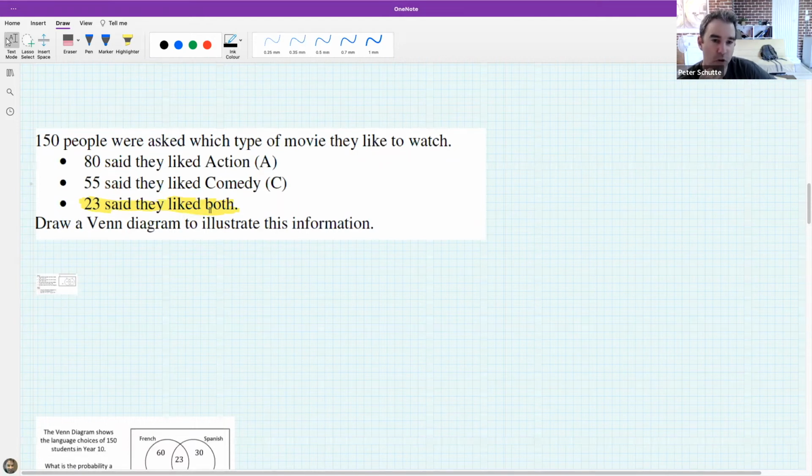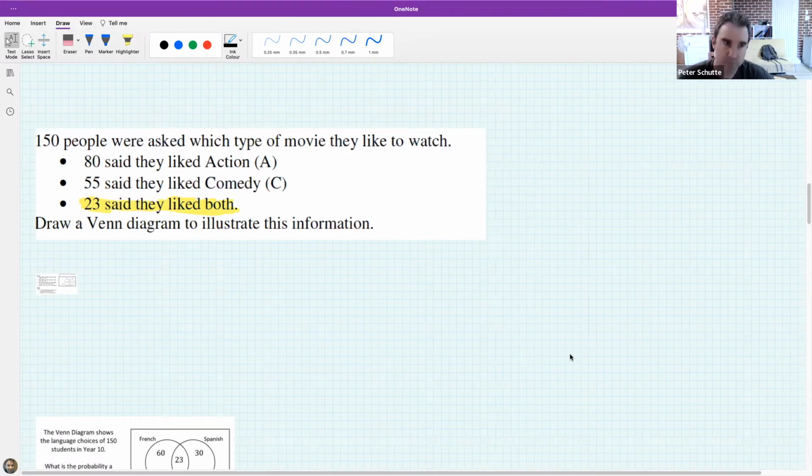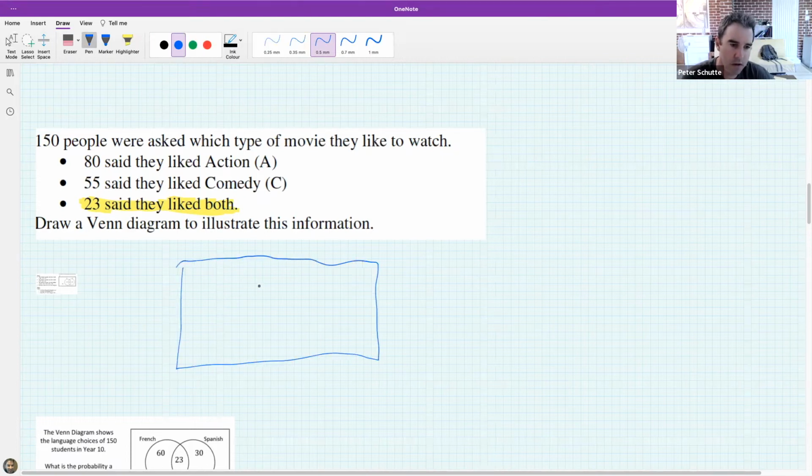Remember, I want all the regions. I know these are going to overlap because 23 said they liked both.